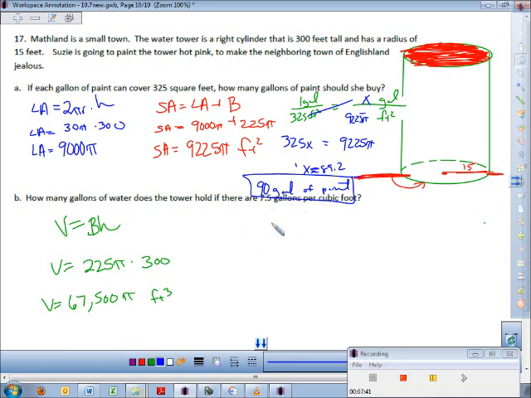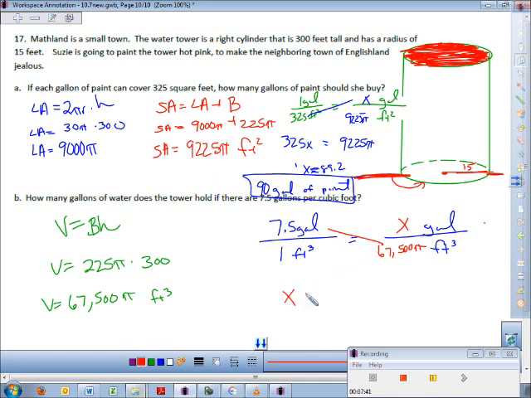So here's what they tell me. 7.5 gallons is to 1 cubic foot. I will set up a proportion with gallons over cubic feet again. What I know is how many cubic feet I have, and what I don't know is how many gallons of water that is. So X will equal, let's make it approximate, those two times each other.